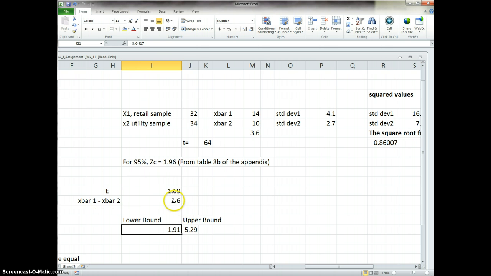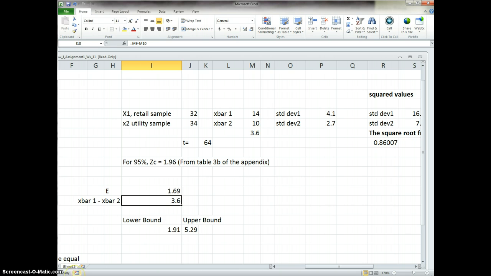So again, the 3.6 will be right in the middle, but this is your confidence interval. We are 95% confident that the real average of subtracting the two means, u1 minus u2, is between these two numbers.